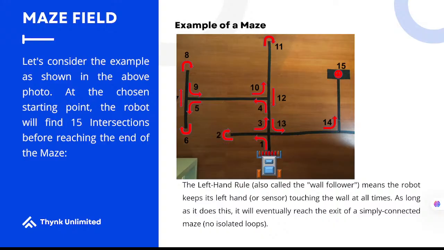So from number 1, the robot will come to this junction. Actually, this is called a crossroad. A crossroad is just a road which is crossing another road. So at this crossroad, our robot should turn left.